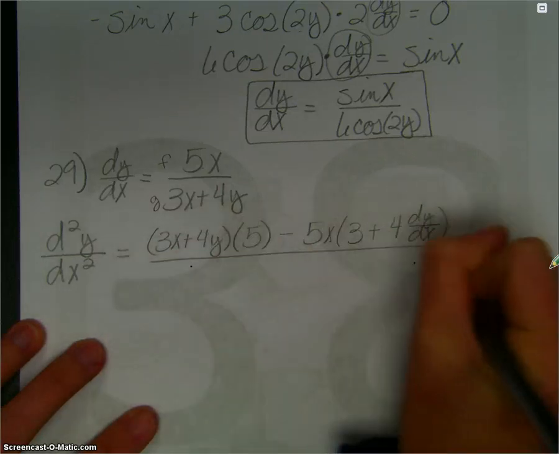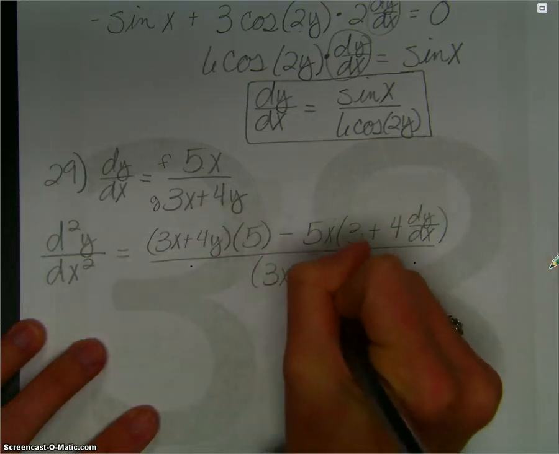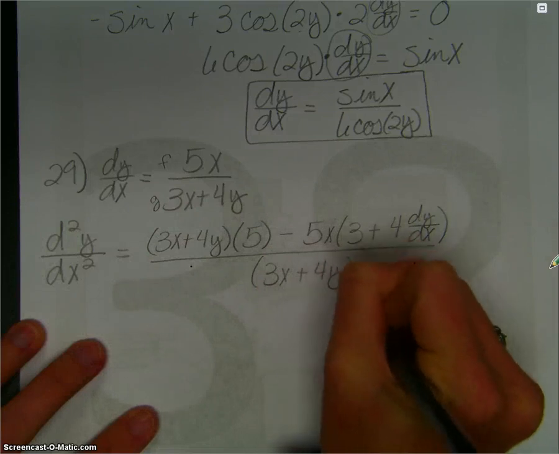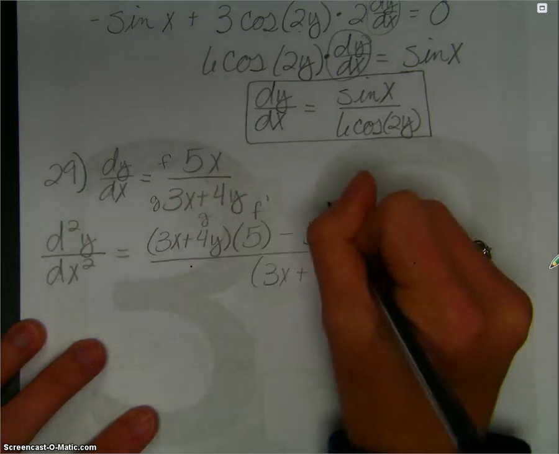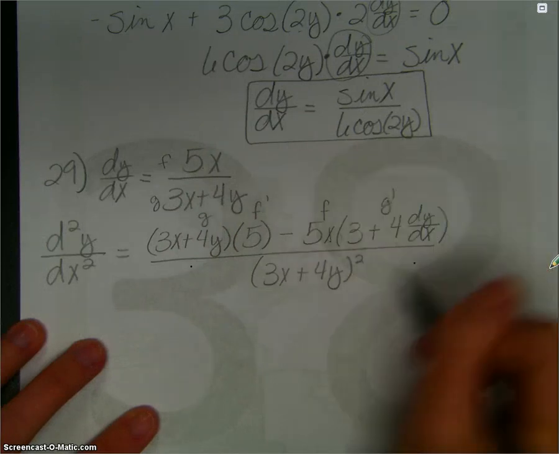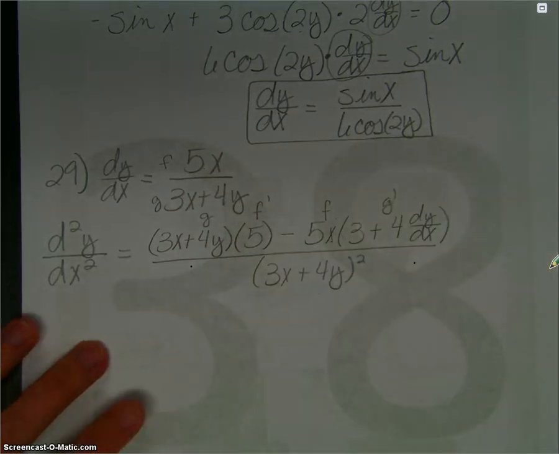And then I'm going to divide that by g squared. I'm going to keep dragging that g squared along with us as we go. So g f prime minus f g prime, and then all over g squared down there on the bottom.